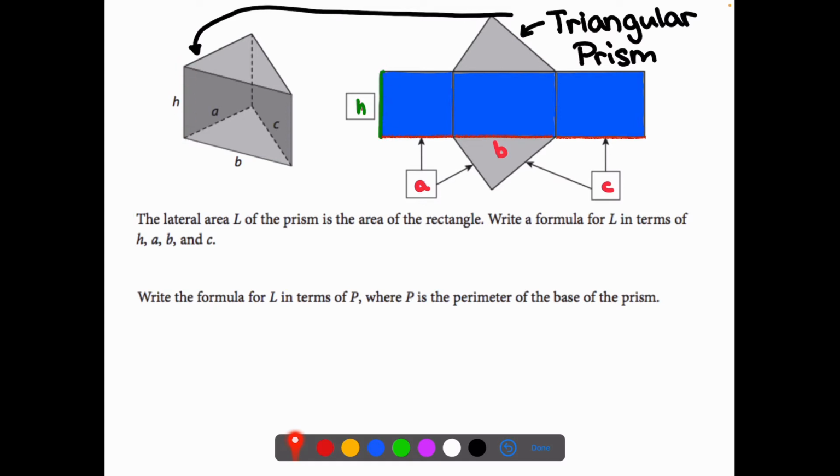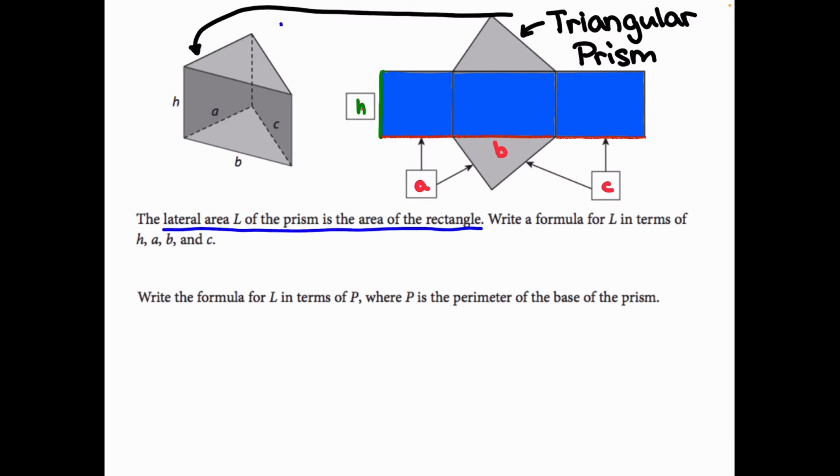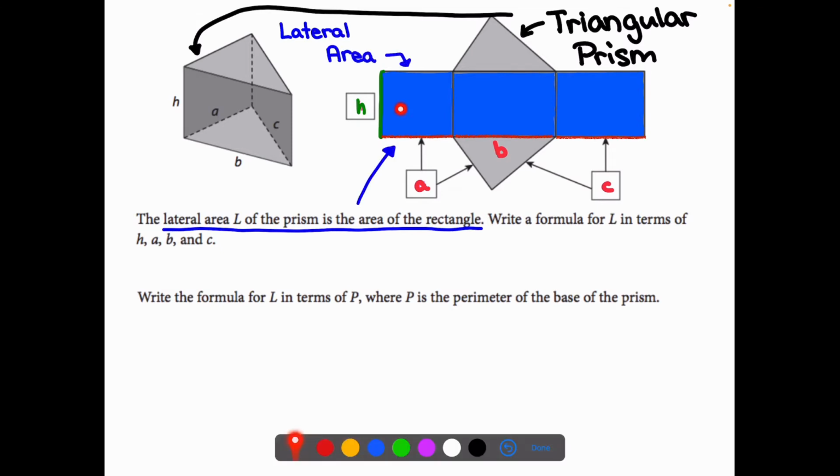Along with that, this blue section, the section without the 2 bases, without the 2 shapes that are different, is called our lateral area. So our lateral area is the area of this blue section. We want to write a formula for L, the lateral area, in terms of H, A, B, and C. Well, looking at this, it's just a big rectangle.